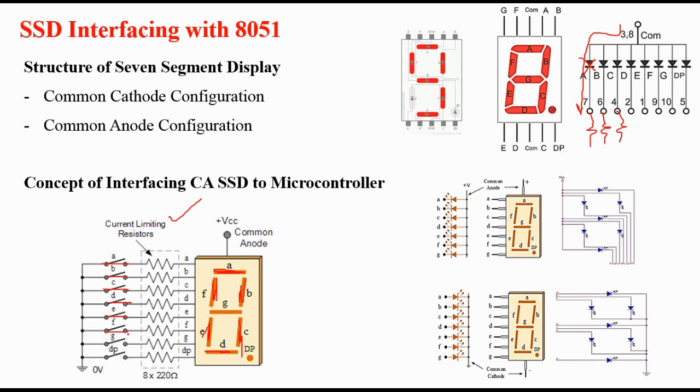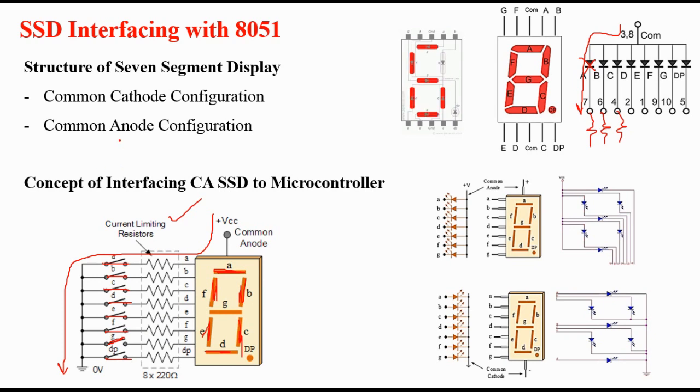F will be there and the decimal point will also get connected. So current will start flowing from VCC through the resistor, then the switch, and after that ground. In this way the current will flow through each and every LED except G, because this G terminal is open. In this way 0 will get printed.